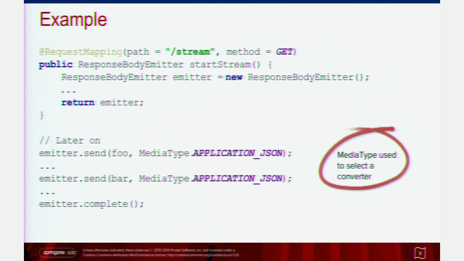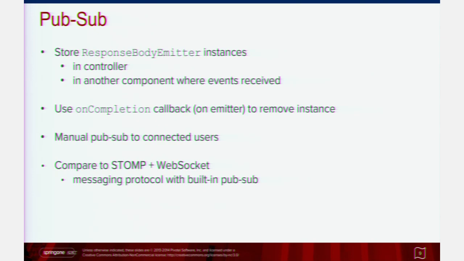Now, if you think about this, there are many clients coming in and reaching this method, and you want to be able to broadcast to all of them. So you want to implement some kind of pub/sub, and you have these response body emitter instances, and you have to keep them somewhere, and you can do that in the controller itself, or you can put them in some other component that might be connected to a messaging system.